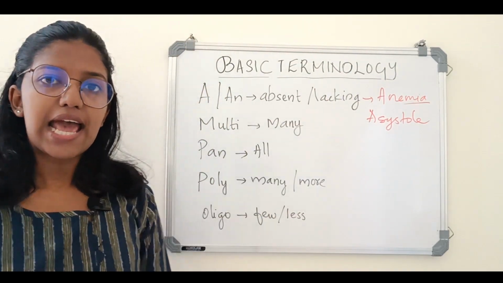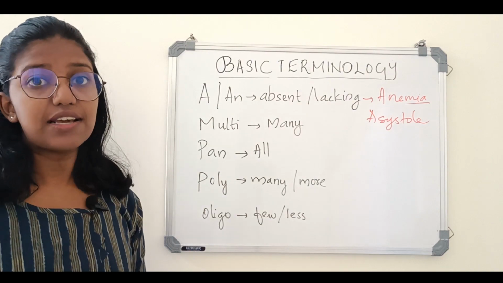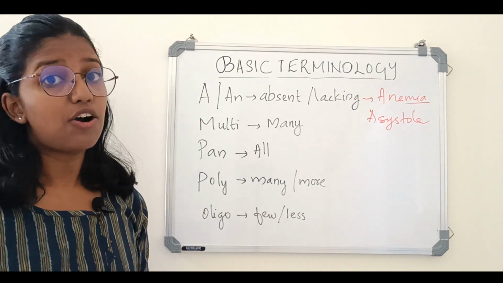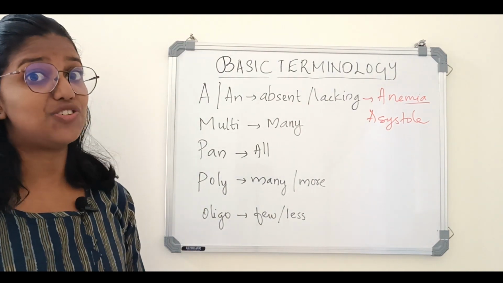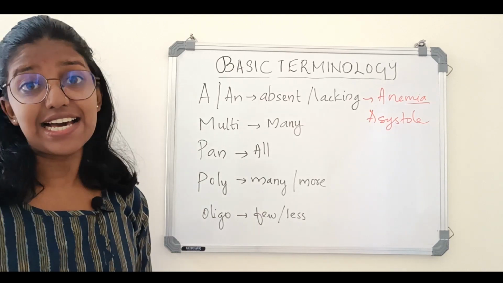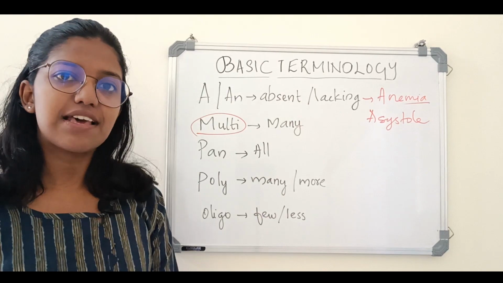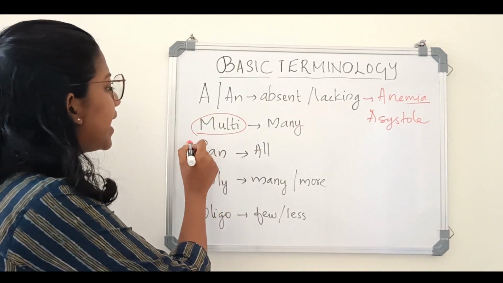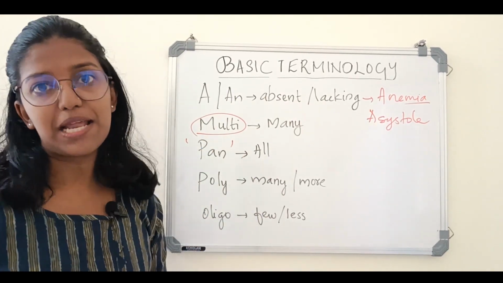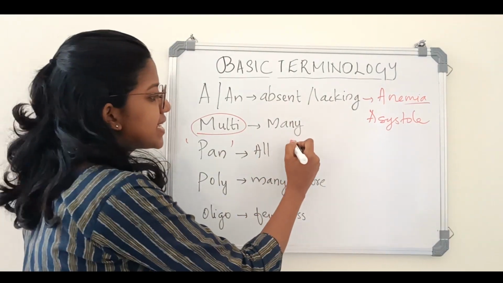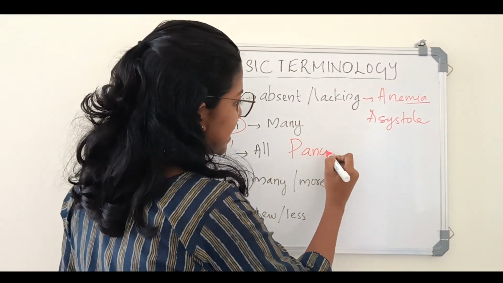Asystole means what? Absence of the electrical or mechanical activity of the heart which we see in an ECG, right? We can call it a-systole. The term multi. Multi means many. And what about the term pan? Pan means all. As an example, I could say pancytopenia.